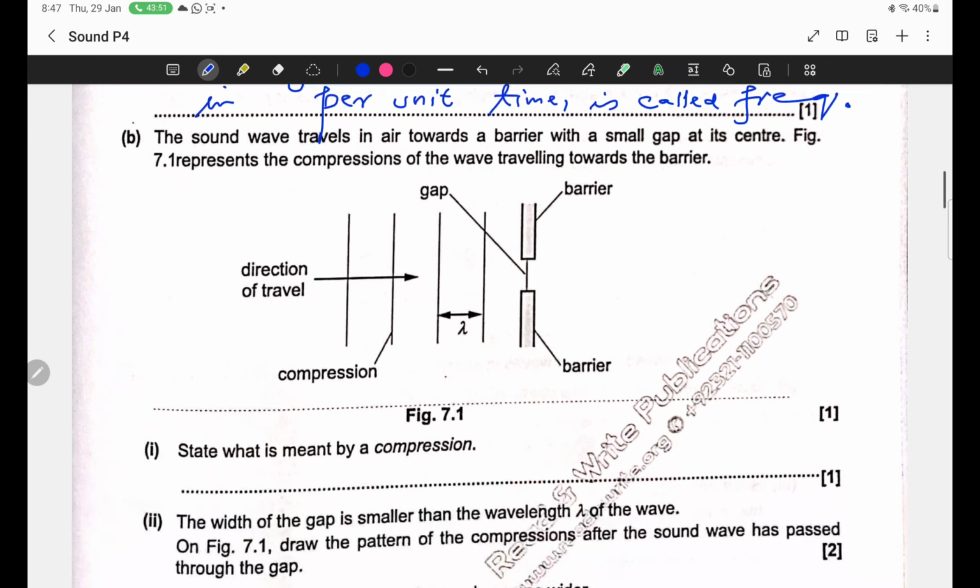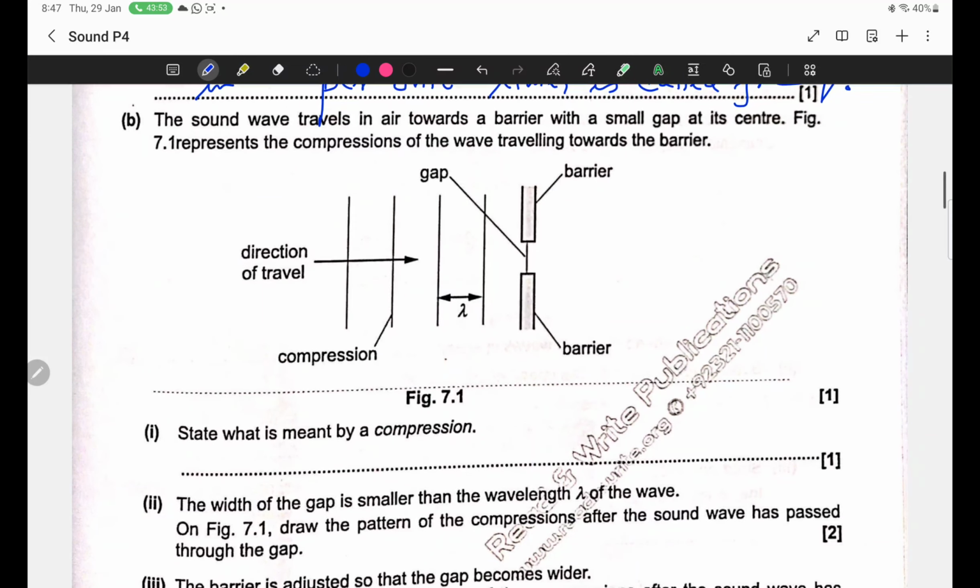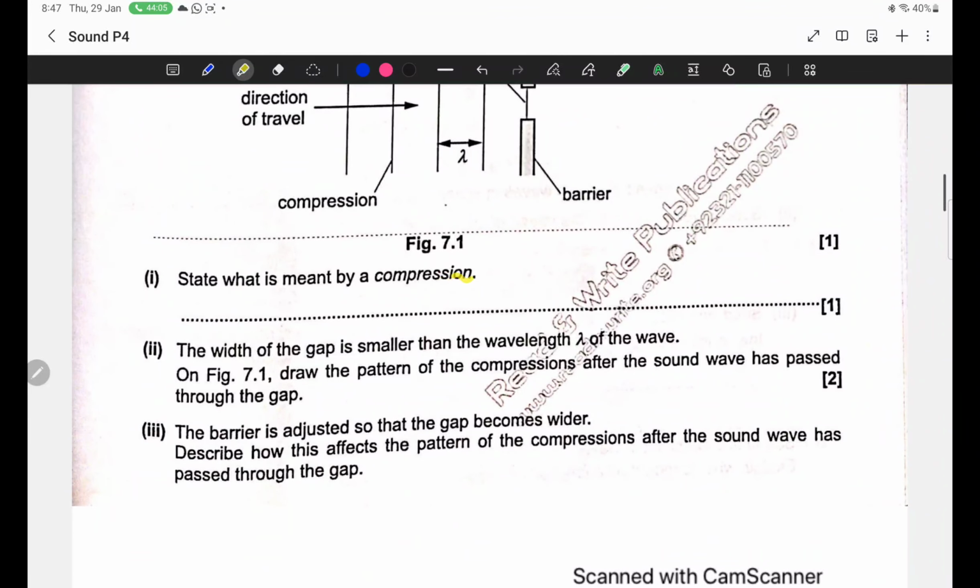And now we have a question about diffraction of sound wave, which we did last week. But now the question is, what is meant by compression? We have discussed that compression is a high pressure region. Rarefaction is a low pressure region.